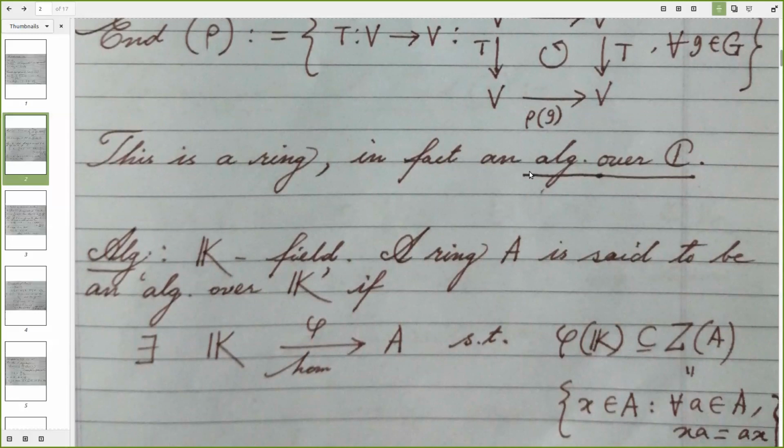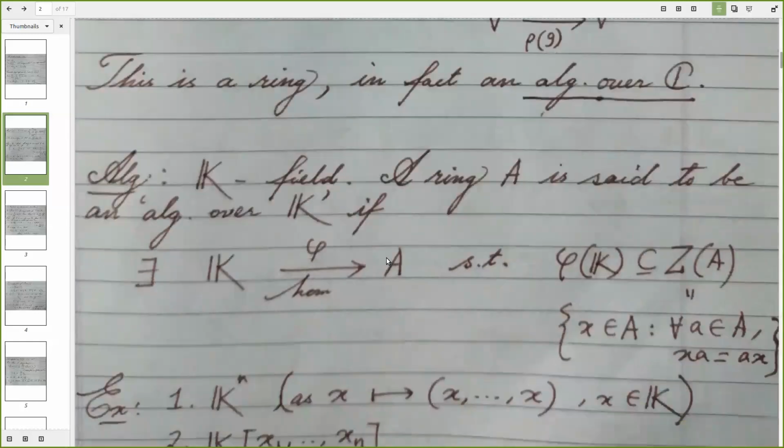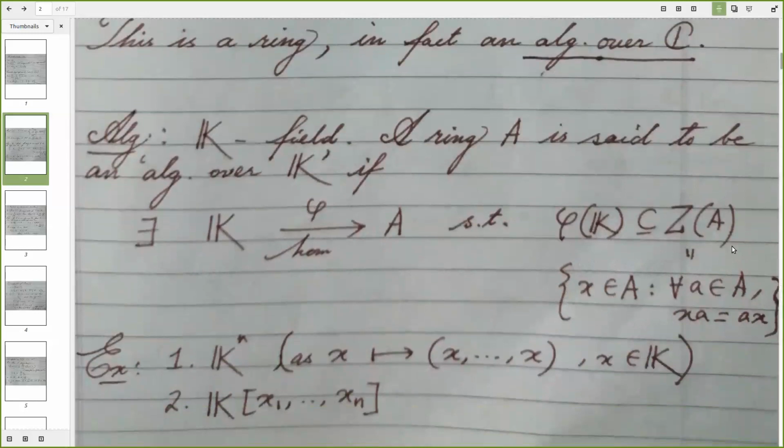So we will make a definition now, a general definition, of course. Let K be a field. A ring A is said to be an algebra over K if there is a ring homomorphism phi from K to A such that phi(K), that is the image of K under phi, is contained in the center of A. So what is the center of a ring?